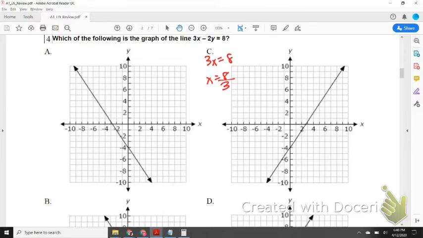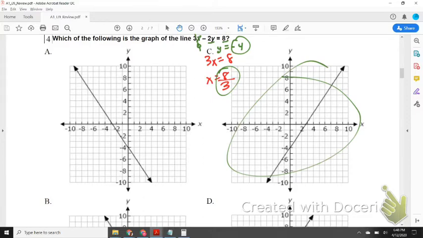Your y-intercept is where x equals 0. So 3 times 0 is gone, so therefore divide both sides by negative 2, y equals negative 4. So you're asking yourself, all right, where's my graph that gives me those two intercepts, a y-intercept of negative 4 and an x-intercept of 8/3, which is 2 2/3. And you'll see that your answer is right there, which is graph C.